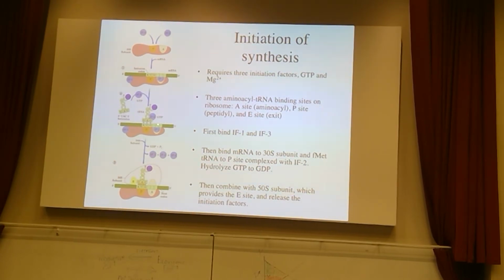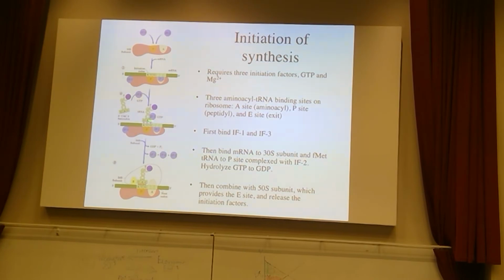That initiation factor shows up in complex with that charged start tRNA. So that says F-met on it, because this is a start codon, and it's defined by this fact that it has N-formyl methionine on the CCA arm, and it's got the proper anticodon CAU to recognize the AUG start codon.